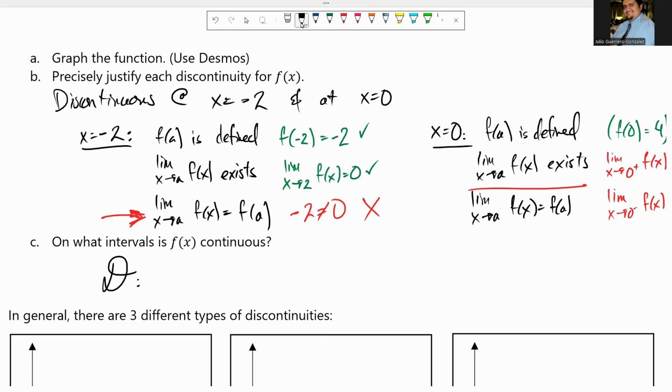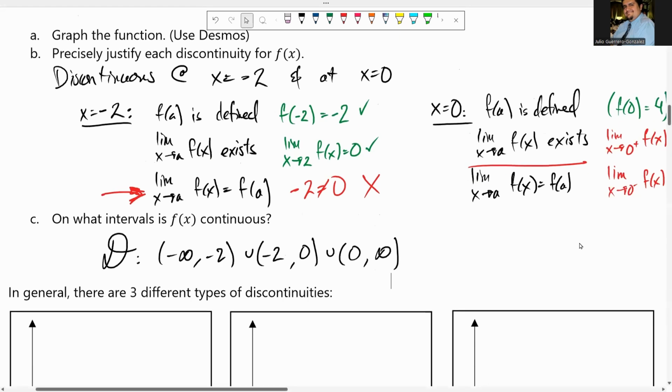We already found the points where it's discontinuous. So negative infinity to -2, union -2 to 0, union 0 to infinity. There we go. Those are our intervals where it is continuous. All right. We're moving right along.